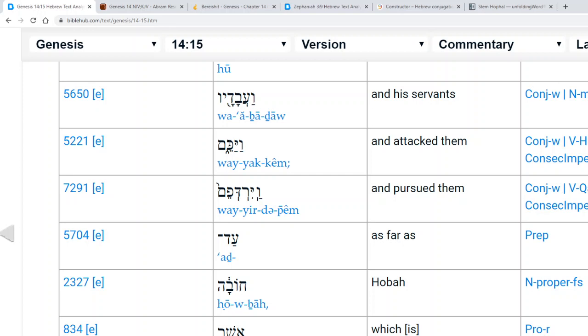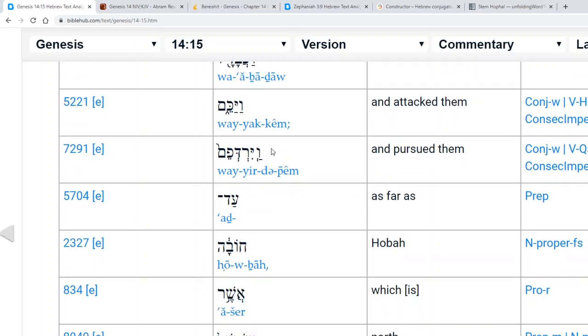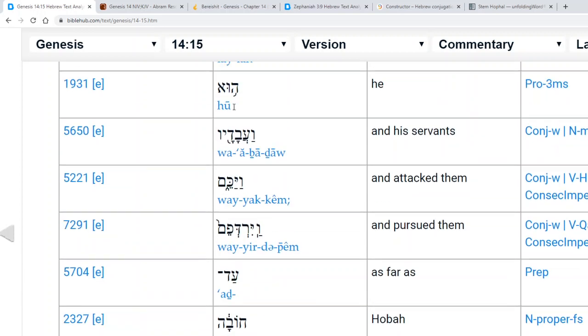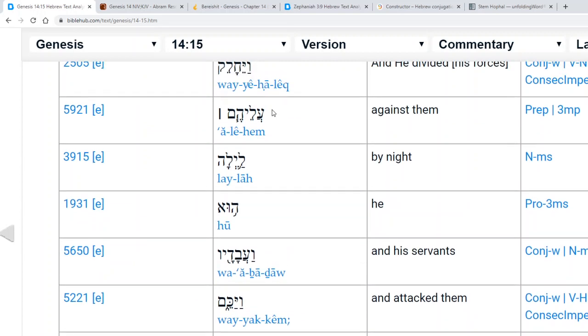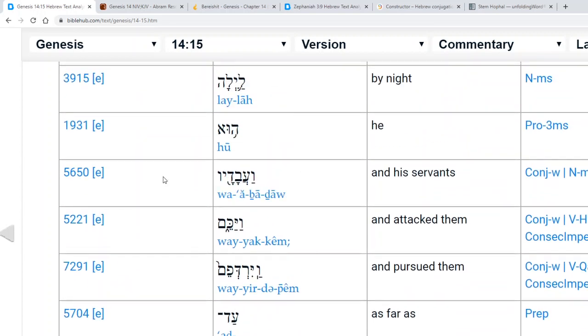So the mem at the end is saying who he smote. Vayach, right, would be he smote. Yakem is he smote them in the plural. And it's in the singular. Interesting. So he split up. Oh, so this is where the Midrash.